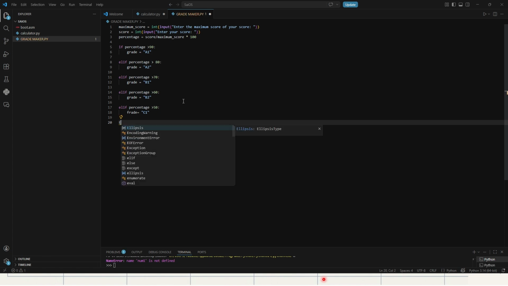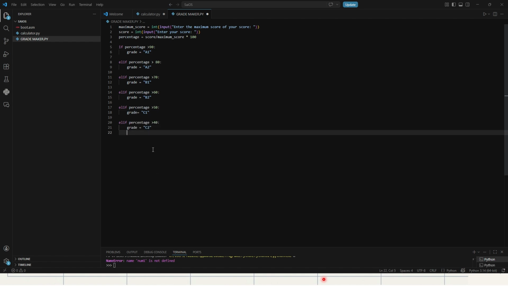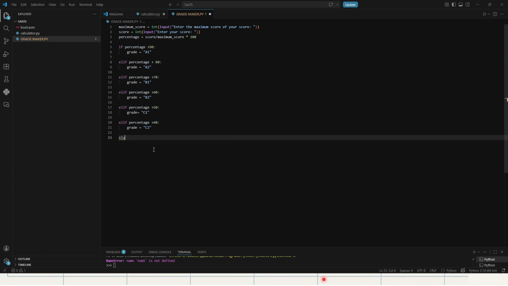And elif percentage is greater than 40, then grade equal to C2. Sorry for the spelling mistake. Now again I am elifing the percentage.